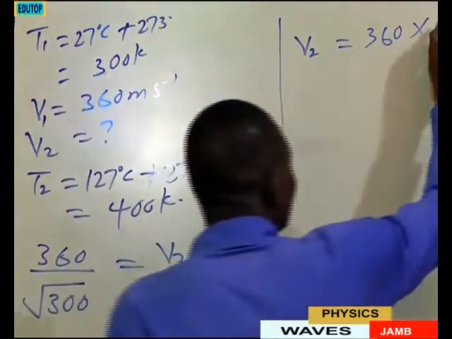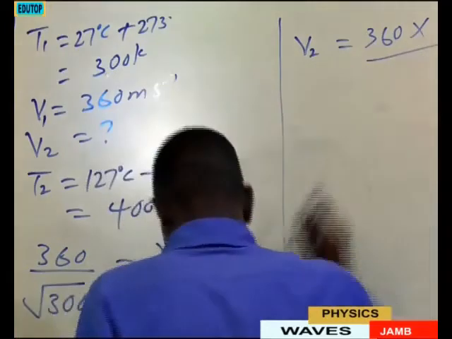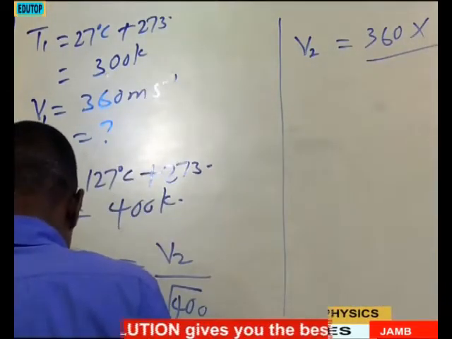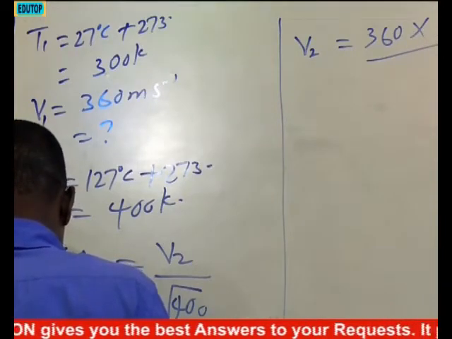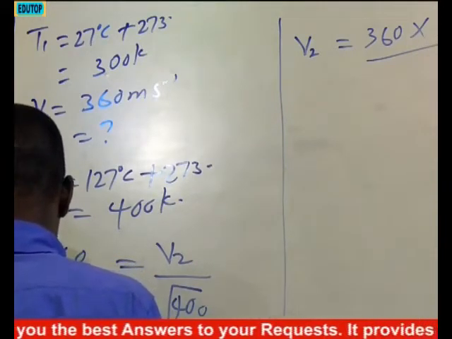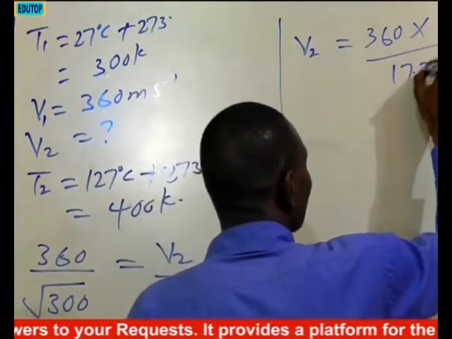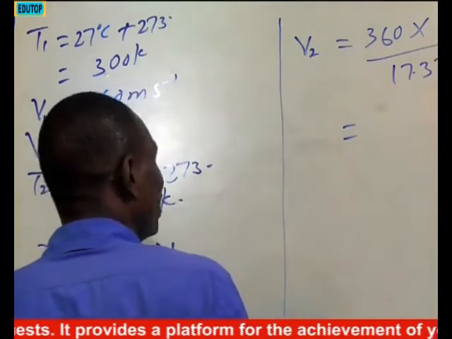That's 20 straight away, it's a perfect square root. Then what will be the square root of 300? That one will not give us a perfect square. That gives us 17.32. Then from there you can multiply straight away.